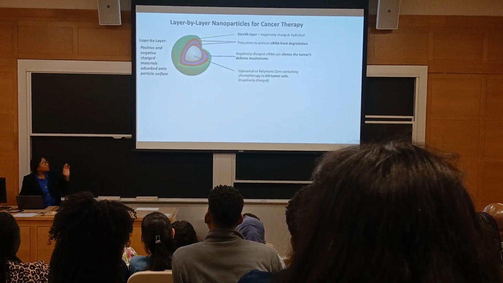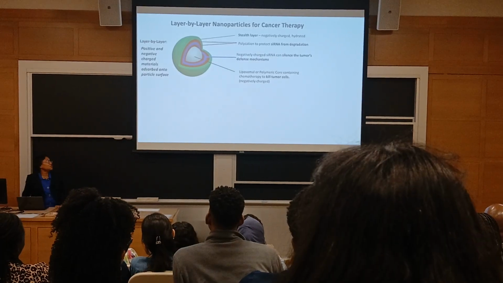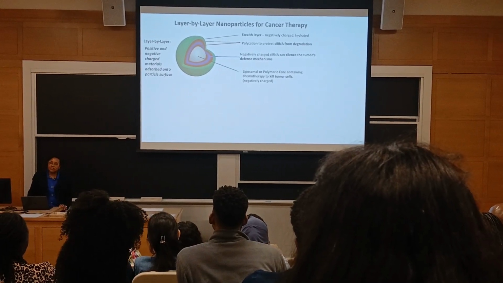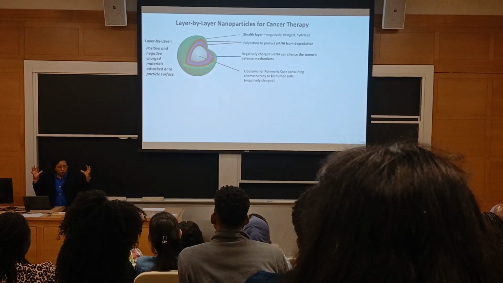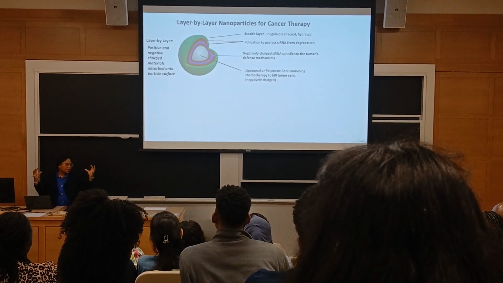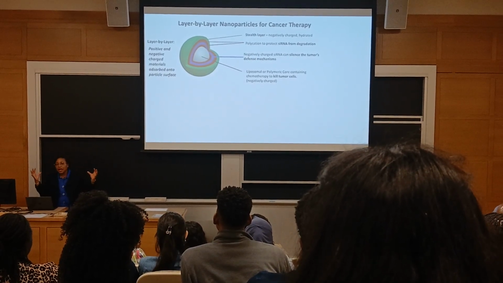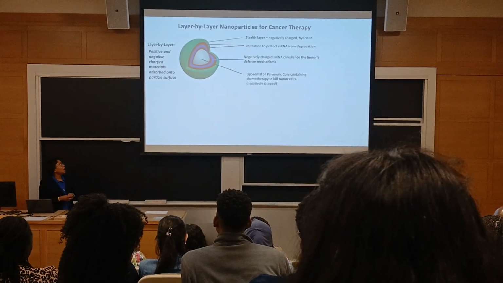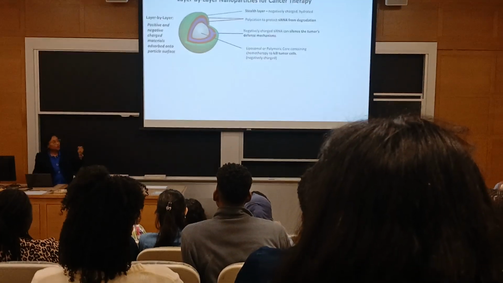So we get a little bit less of that undesired protein absorption. So we call this the stealth layer. You can also think of this as a layer that has a lot of water molecules associated with it, a lot of negative charge, and it looks more like something that belongs in the bloodstream. And so we're able to survive for a longer time period.